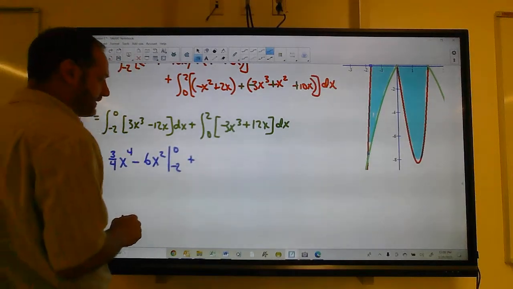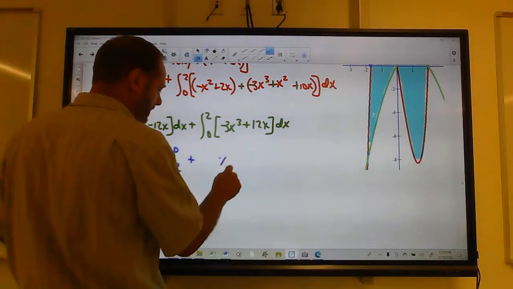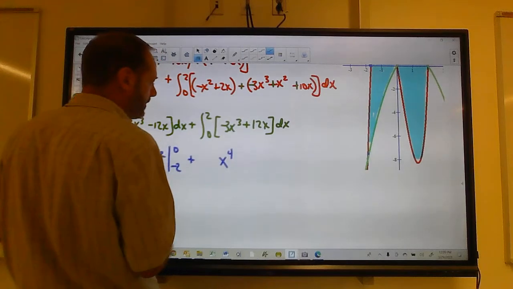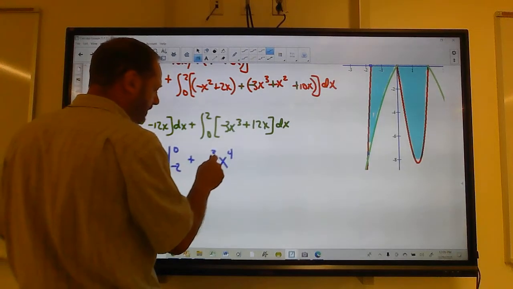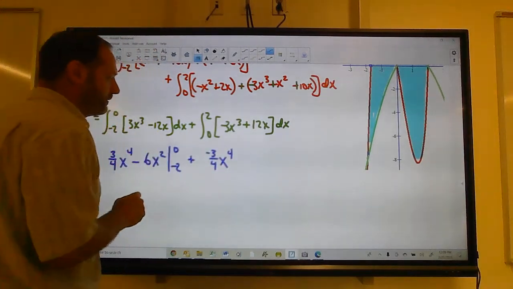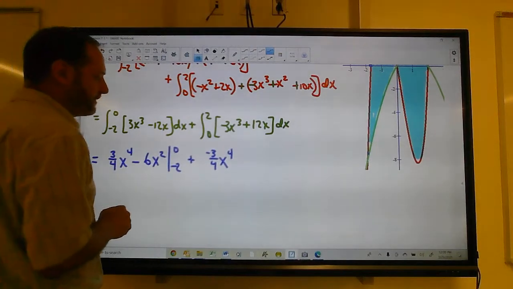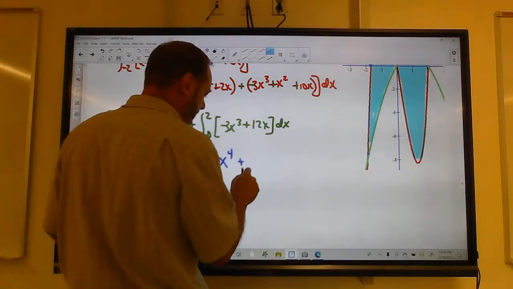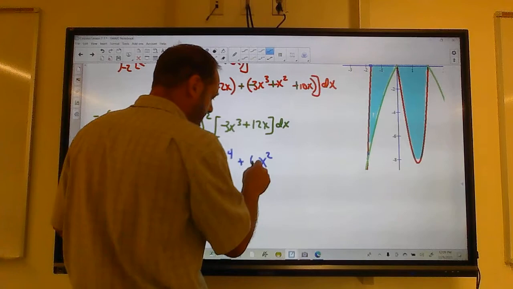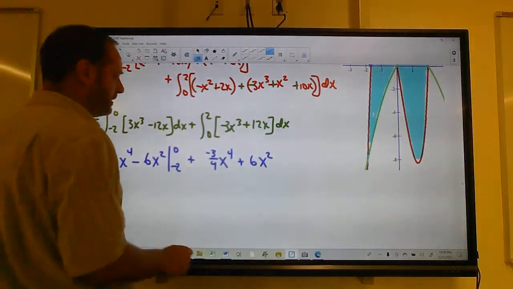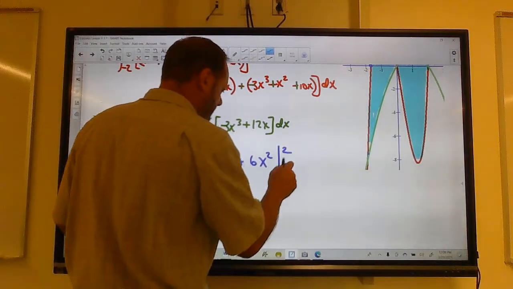Can add to that. So this is going to be x to the 4th, and this is going to be 3/4, but it's going to be negative. Okay, and then we've got plus 6x squared, and we're going to evaluate that from 0 to 2.